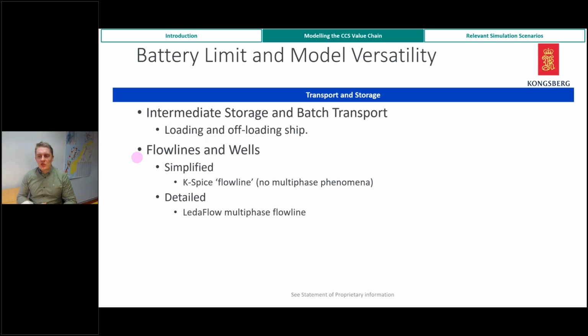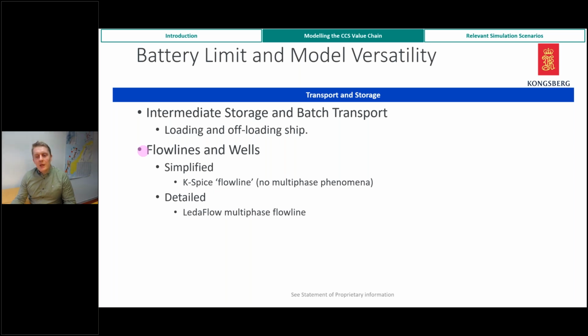When you get to transport and storage, the situation immediately becomes a bit more complicated, because particularly for flow lines and wells, you can have a simplified version in K-Spice, where you use our built-in flow line blocks, but you don't have any multi-phase phenomena at all, really. You'll get some gas formation, but you don't get any slug features or anything like that.